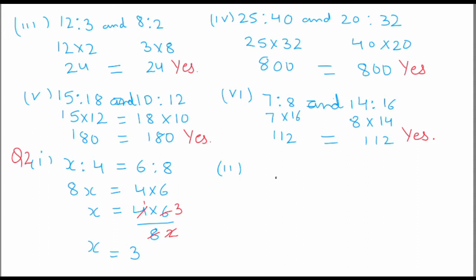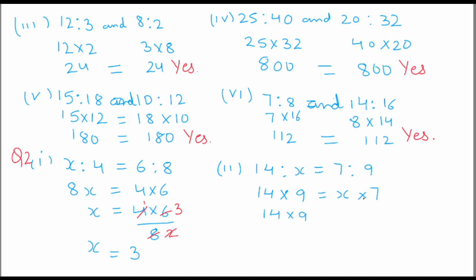In the second question, 14 is to x, 7 is to 9. This is in the proportion. Now, the extremes are 14 and 9, whereas x and 7 are the mean ratio. Now, from left hand side to right hand side we will come.